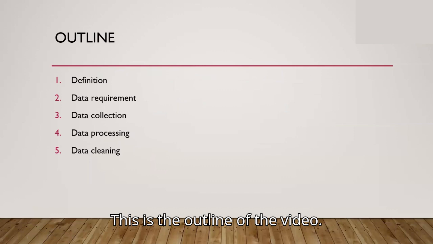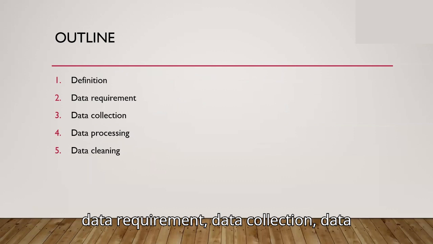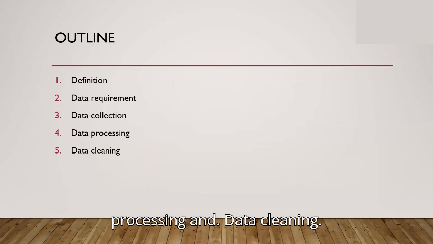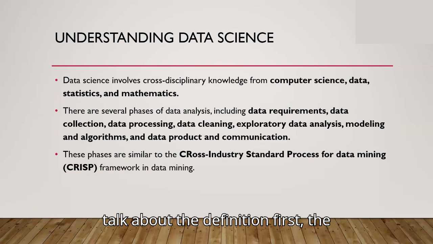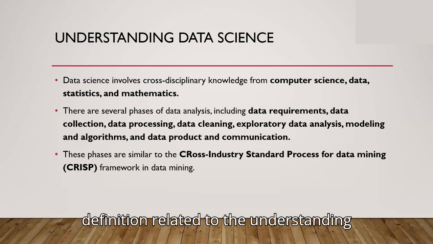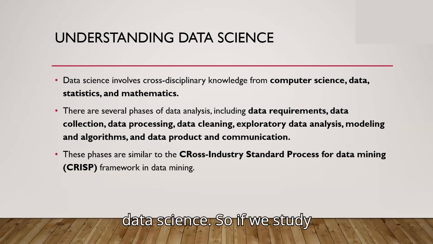This is the outline of the video. We will have the definitions, data requirements, data collection, data processing, and data cleaning. We have the five outlines here. So let's talk about the definition first. The definition is related to understanding data science.